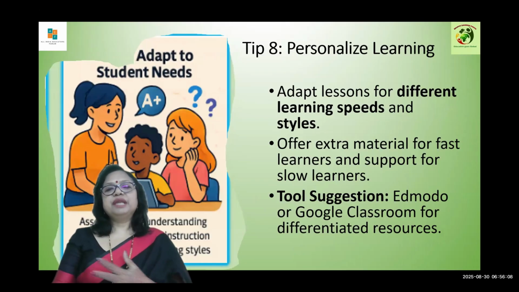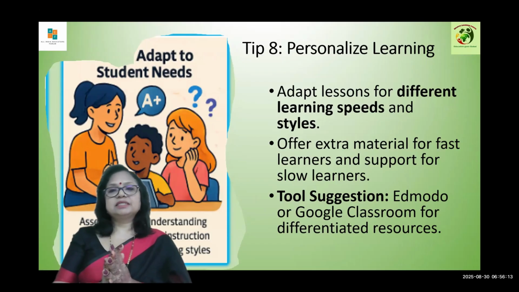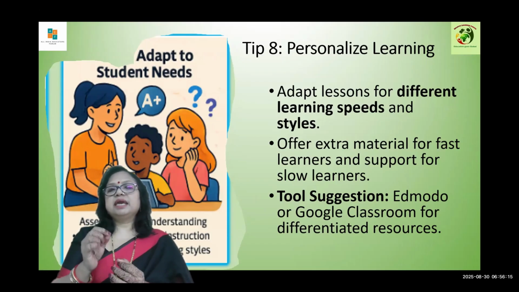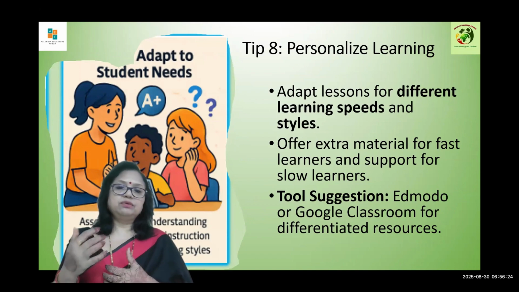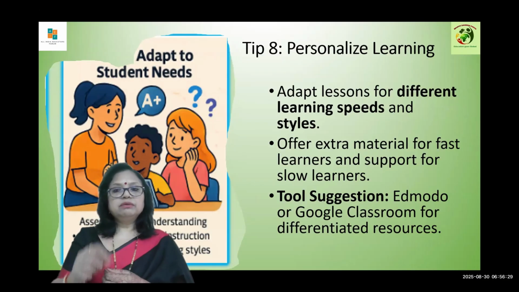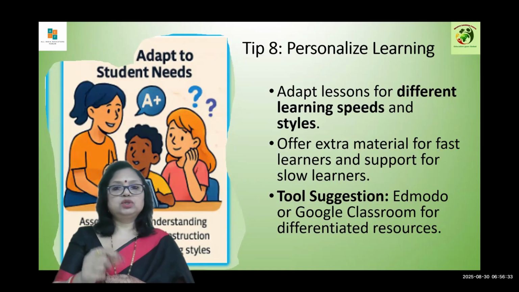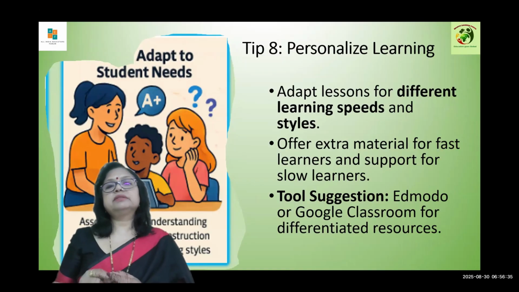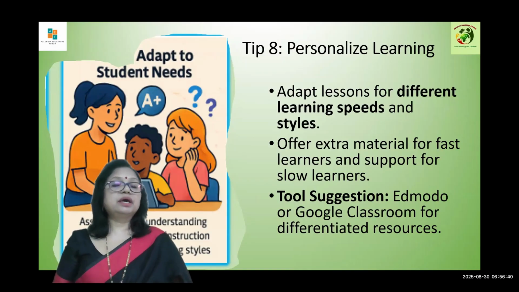Coming to the next, that is tip number 8, personalized learning. Yes, we need to understand every student of our class and his or her needs. We need to find time because, as I said, you make a diagram and let the child draw the diagram. During this period, you can go to each child and talk to them, see their copies, open their almanac, open their book, see in what condition they have kept.